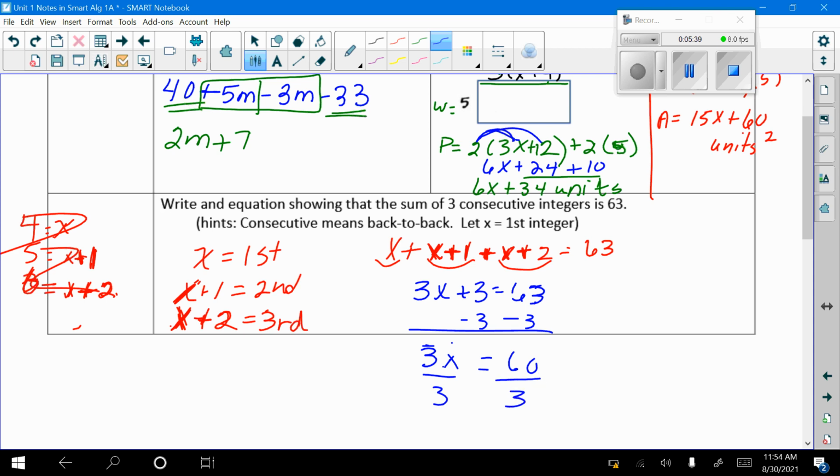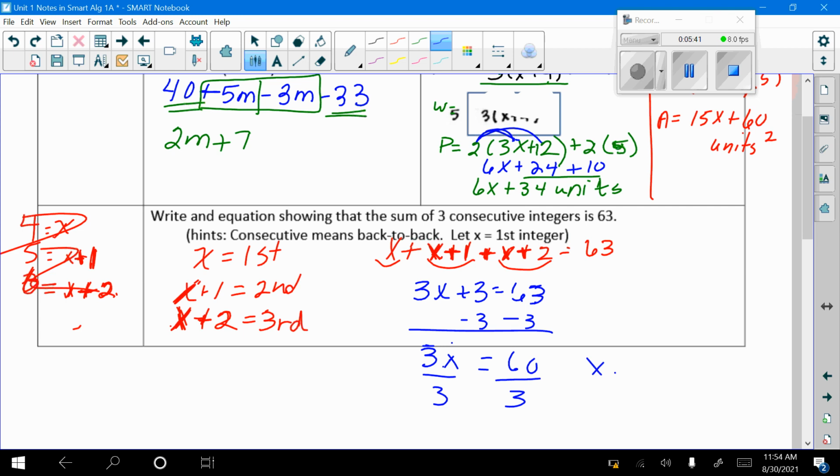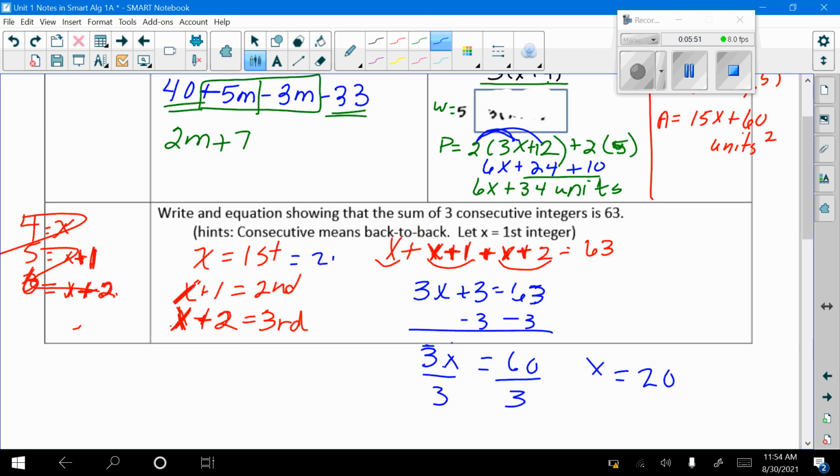And I get that x equals 20. So now if I know that x is equal to 20, x plus 1 is going to be equal to 21. And x plus 2 is going to be equal to 22. And if I add 20, 21, and 22, I get 63.